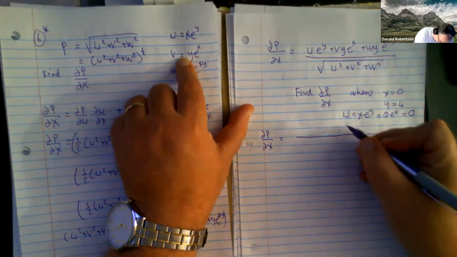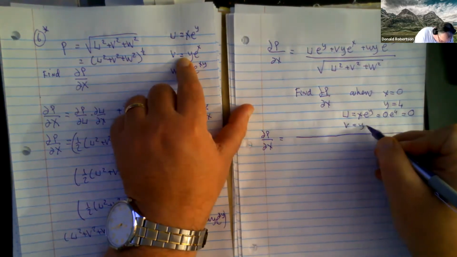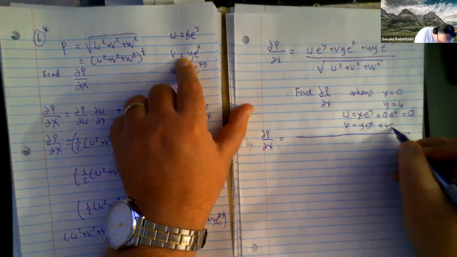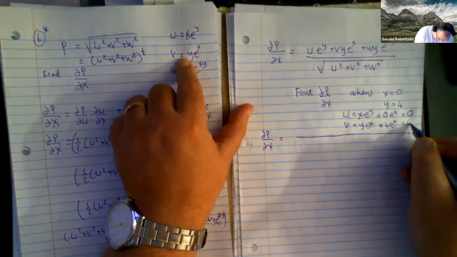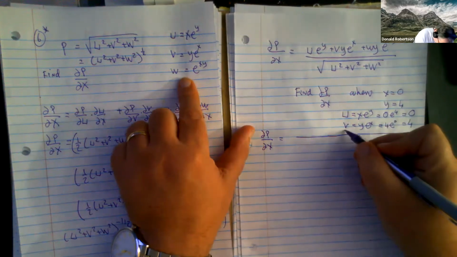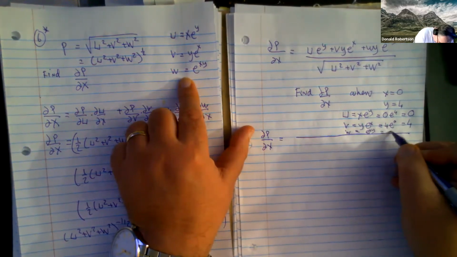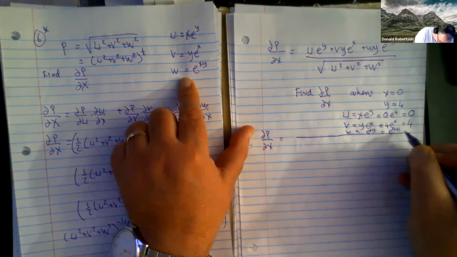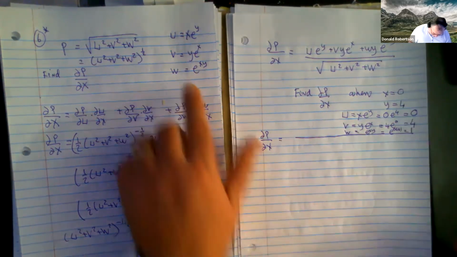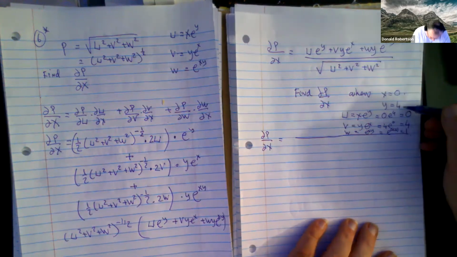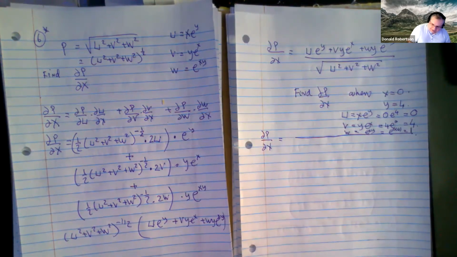And won't v, which is equal to y e to the x, be 4 times e to the 0, which is 4? And won't w, which is e to the xy, be e to the 0 times 4, which is e to the 0, which is 1. So I now know what u, v, w, x, and y are, right? I have numbers for everybody.